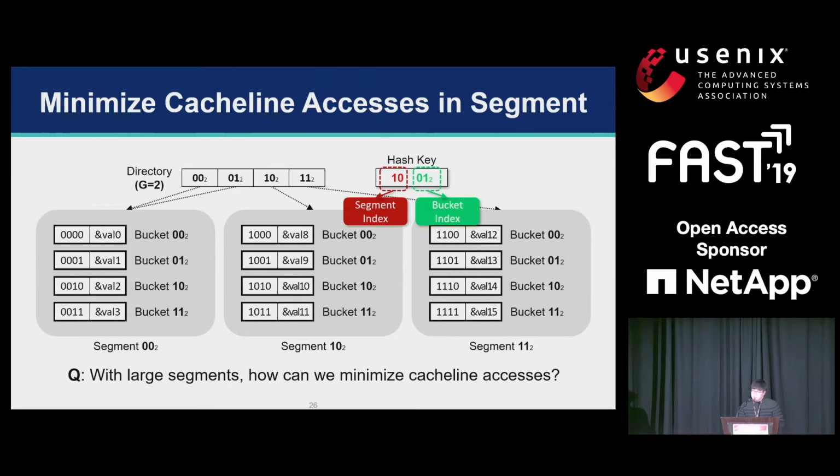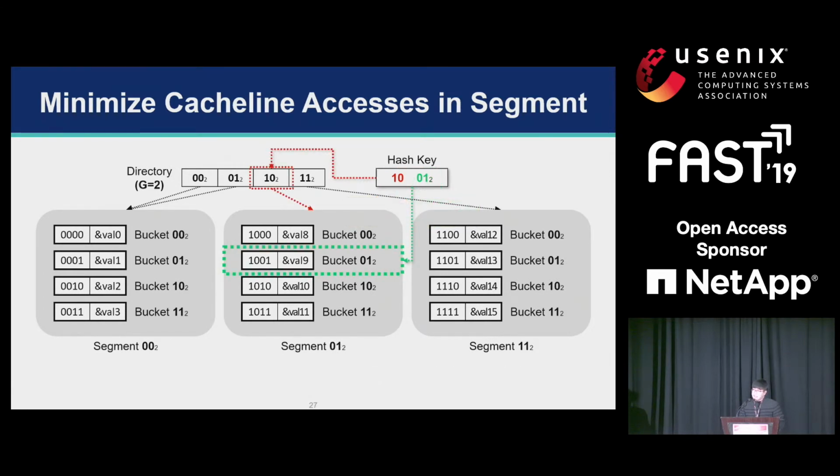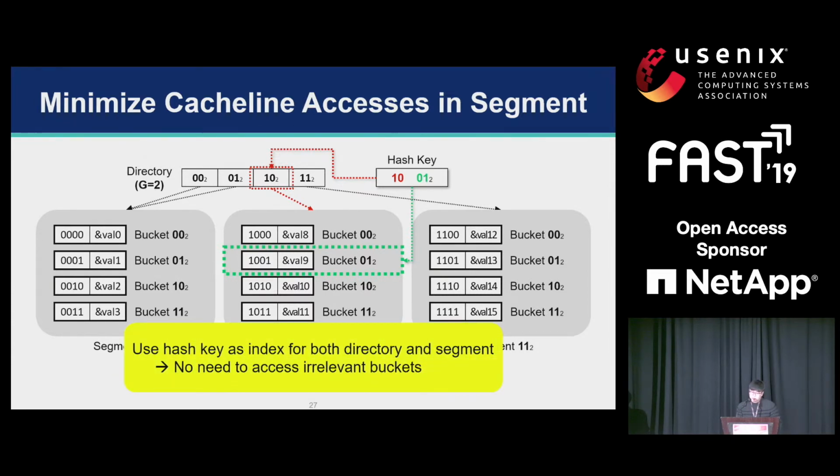That is, a part of the hash key is used as a segment index for the directory, and another part of the hash key is used as a bucket index inside a segment. As shown in this figure, the most significant bits of the hash key are used to find the segment from the directory, and the least significant bits of the hash key are used to find the bucket inside the segment. So there is no need to access irrelevant buckets, and we can reduce the number of cache line accesses down to 2.